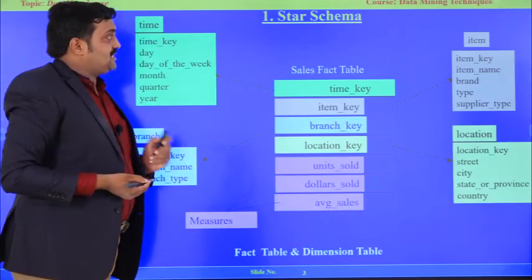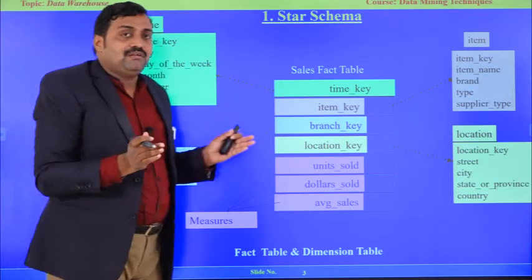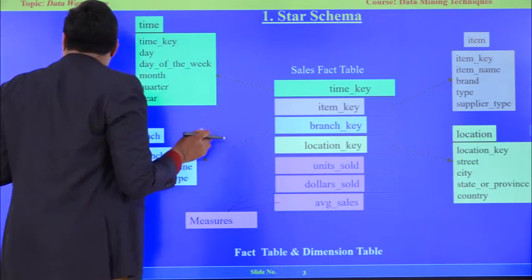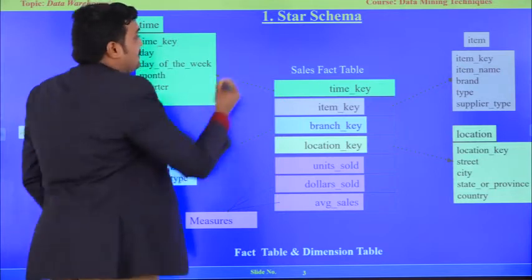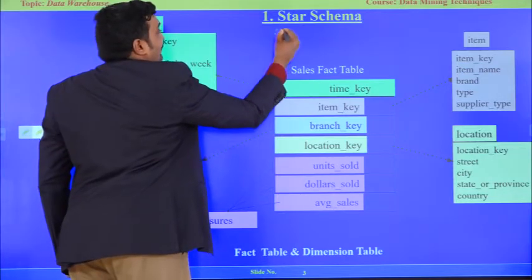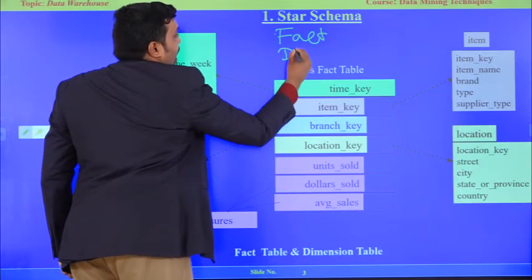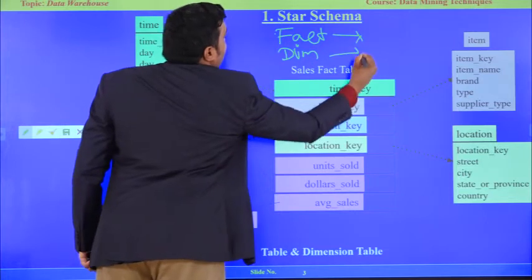The first one is star schema. The star schema is very simple. Here we have two important parameters, as we just discussed: fact and dimension tables.